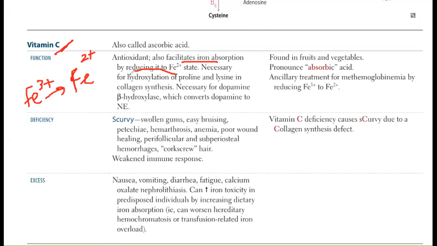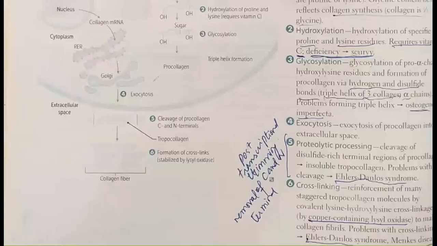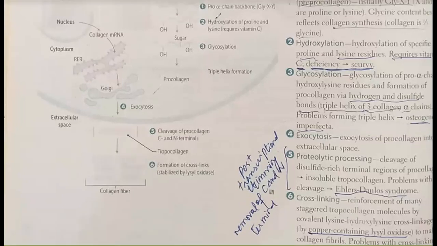Then it is necessary for hydroxylation of proline and lysine in collagen synthesis. This is a very important point, and these two names of vitamins are your MCQs. These two names, proline and lysine, are your MCQs, people. You will be studying this same topic in your biochemistry, in the cellular portion of your First Aid book.